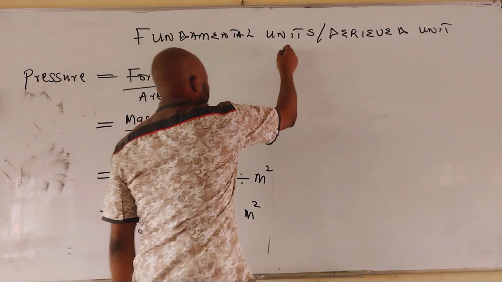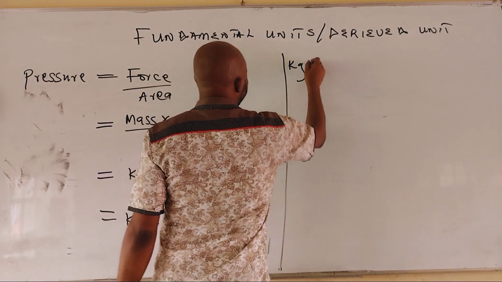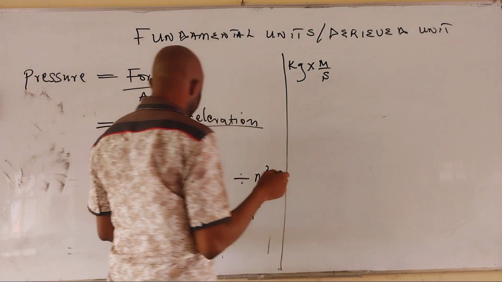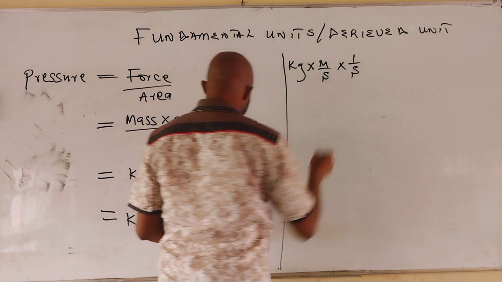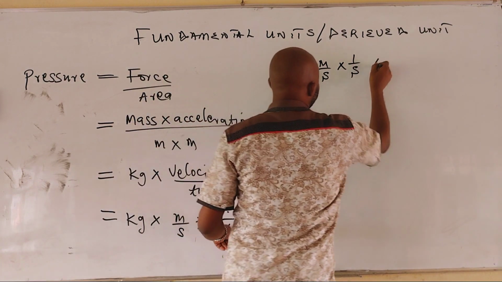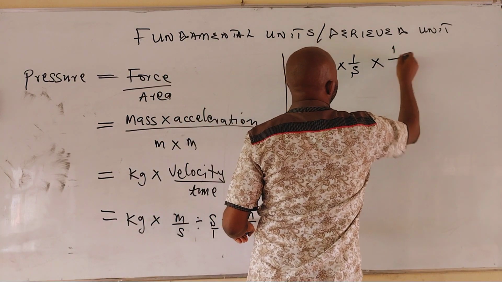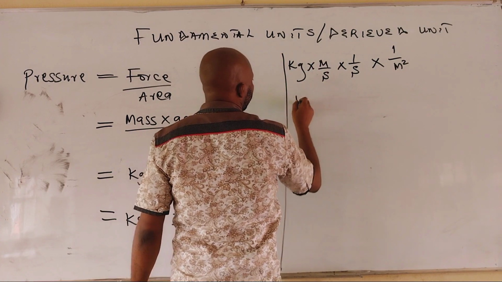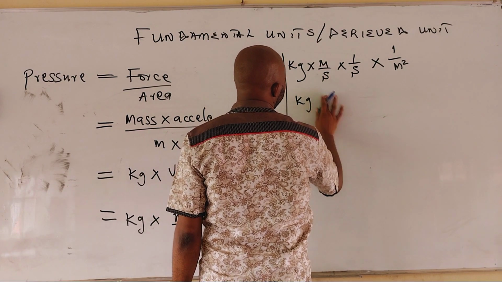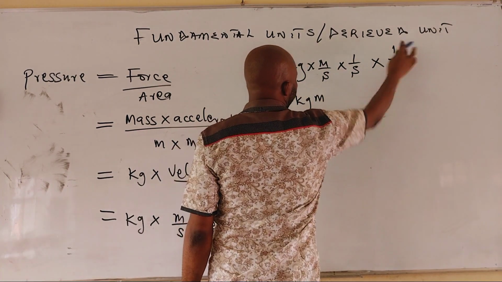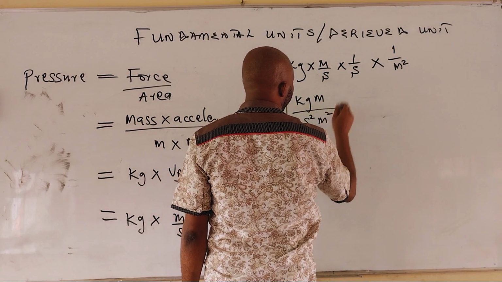Let's cross over to the side. Now my kg times m over s, which is this. This is over 1, so I'll change this to times 1 over s. This goes up, this comes down. When I change this to times, this becomes 1 over m squared. So kg, which is for mass, times m, that's all. I come over here, I have s squared, s times s, and m squared.